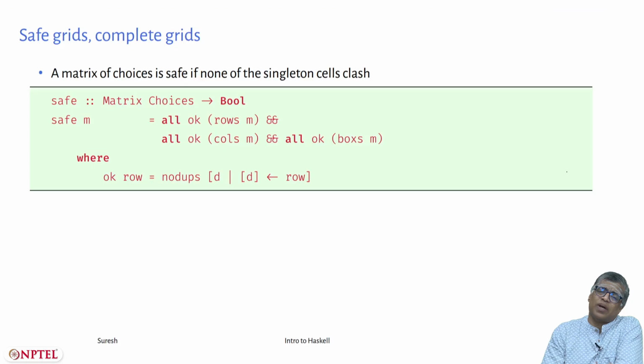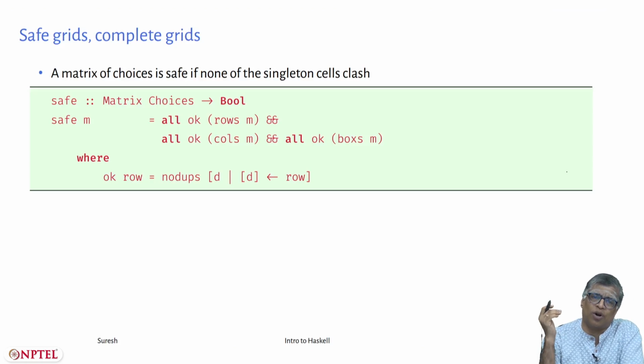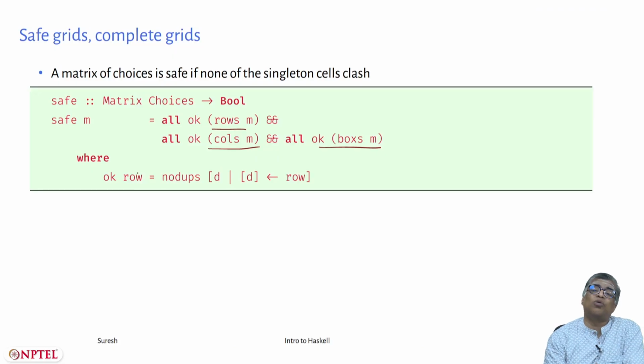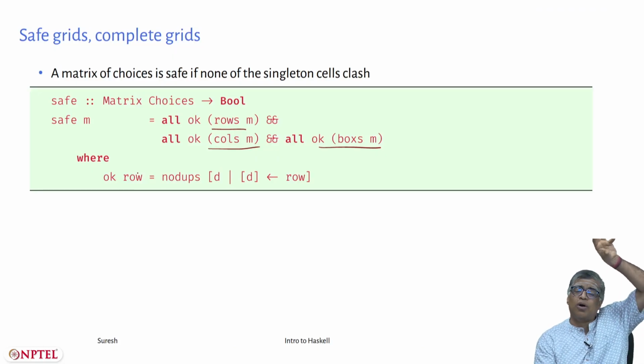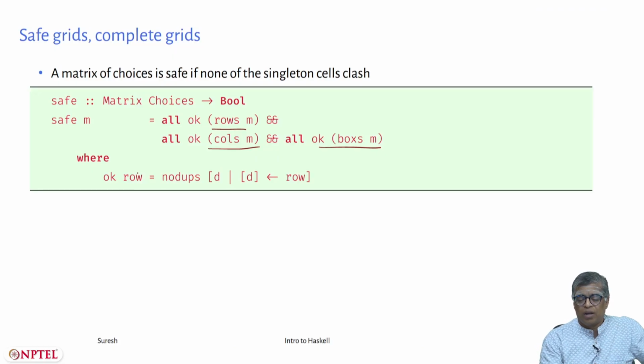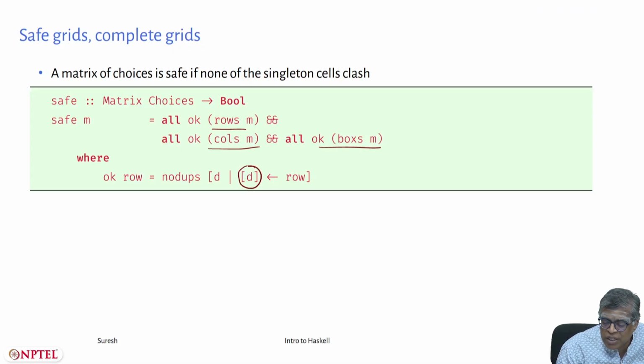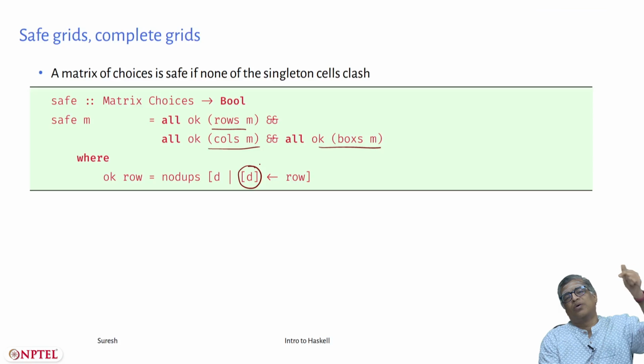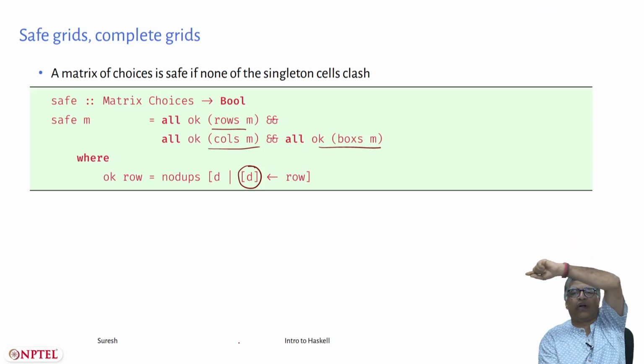Once I do this, I need to know whether at this point this is part of a valid solution or not. And that I check by saying all OK rows, all OK columns, and all OK boxes. All OK just says there are no duplicates in each fixed. Look at all the fixed entries in the row and check that you have not fixed some value to be 1 and another value to be also 1 in the same row or in the same column or in the same box.